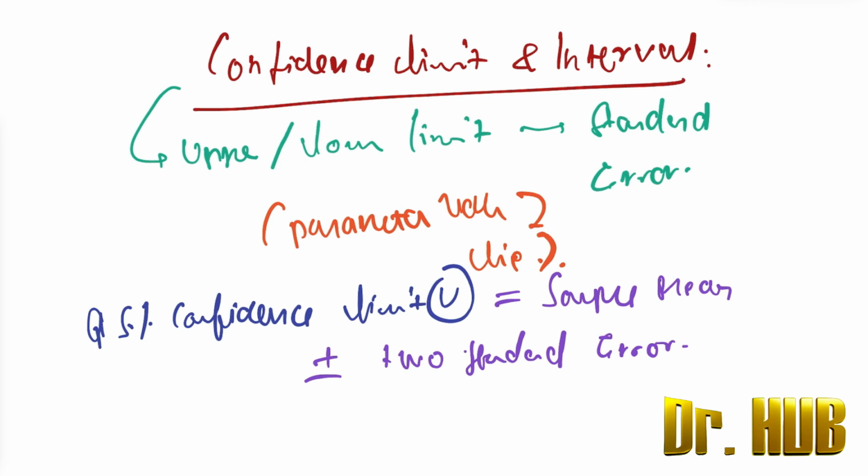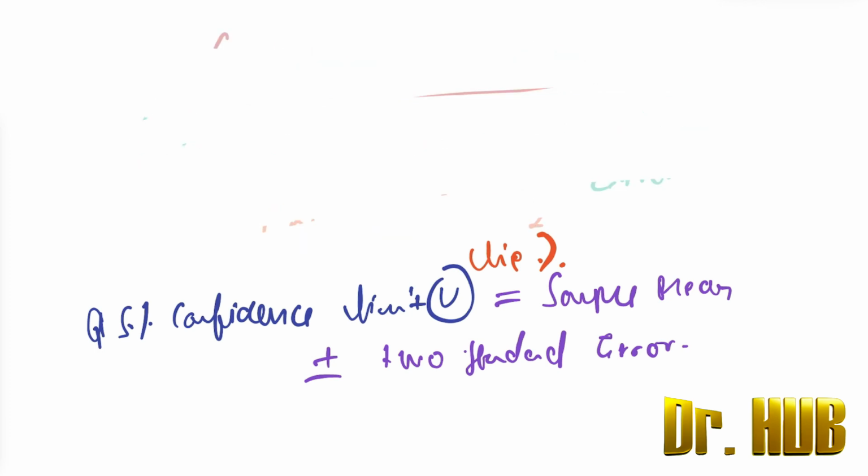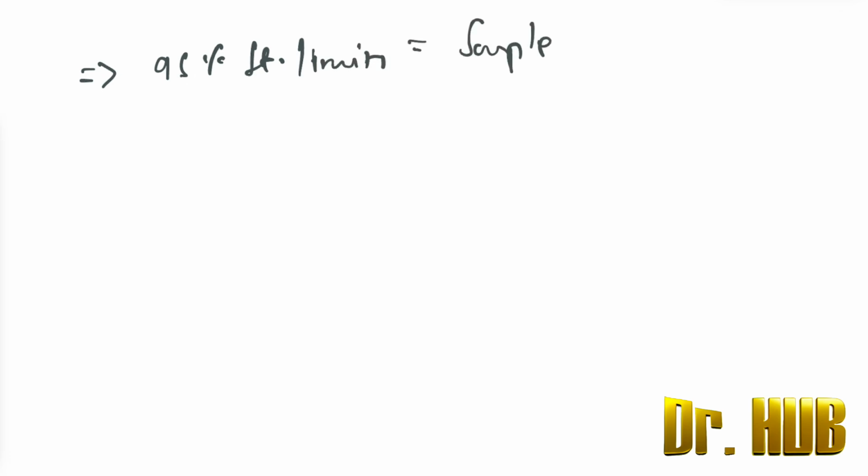So the 95% confidence limits equal the sample mean, that is x, plus or minus these standard errors.